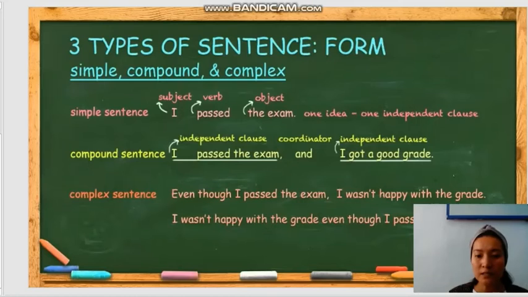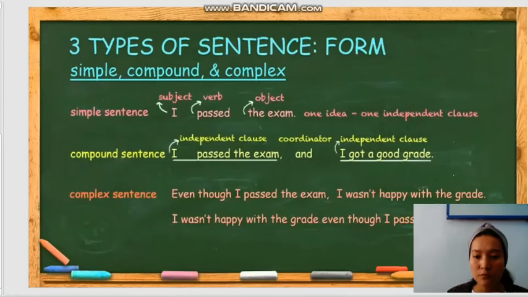It depends on the continuation of the sentence. You see, even though I passed the exam, what happened next? What was the next step? So we need a continuation of the sentence, and we make up a sentence: I wasn't happy with the grade.